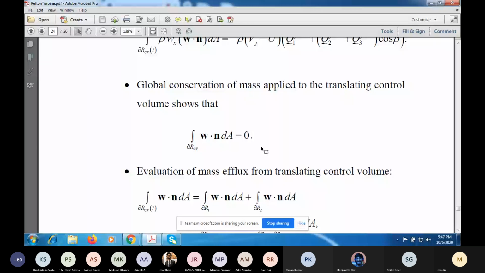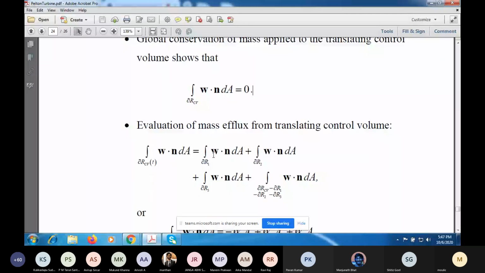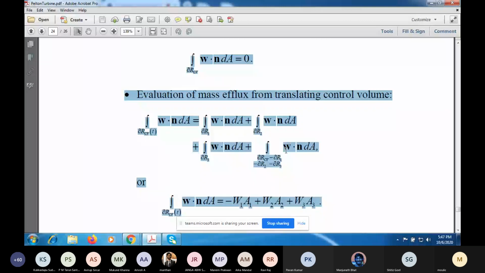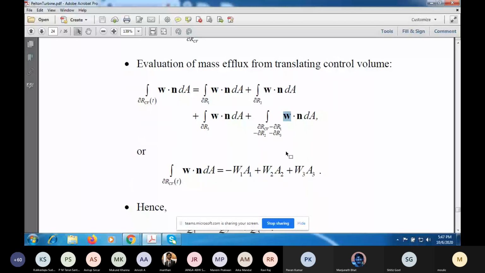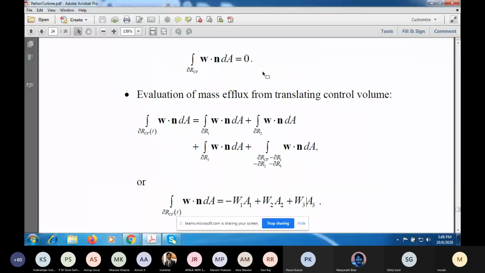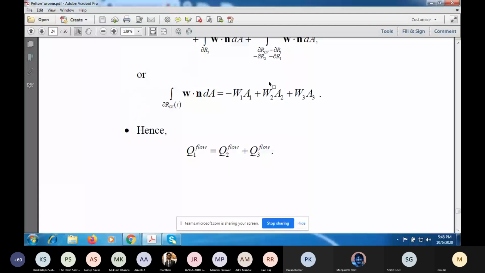Again, this can be split into 4 integrals, and the last integral is 0 because this is a relative stream surface. The first integral is minus W1A1 plus W2A2 plus W3A3, and the sum of this will be equal to 0, which means that W1A1 will be W2A2 plus W3A3. Or I can say Q1 is Q2 plus Q3.